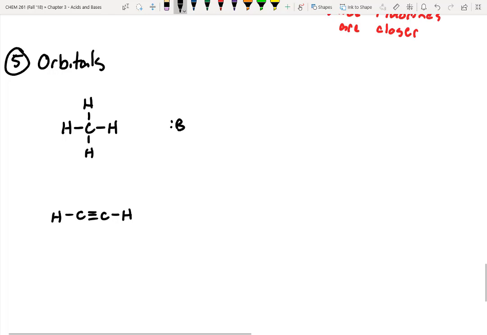In each of these, we're going to treat them with some imaginary base. We know from previous experience it's not easy to deprotonate methane, but you can draw the theoretical acid-base reaction. All right. If we deprotonate acetylene, same thing.